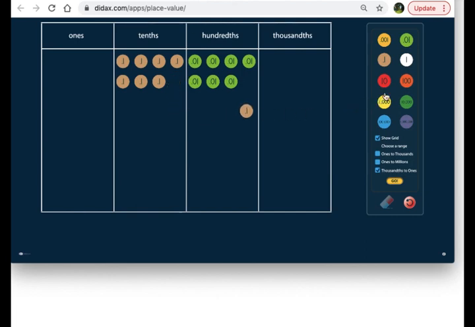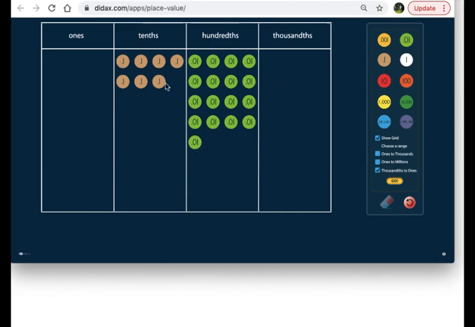Well, that would mean that I now have to put 10 more hundredths here. So 1, 2, 3, 4, 5, 6, 7, 8, 9, 10.